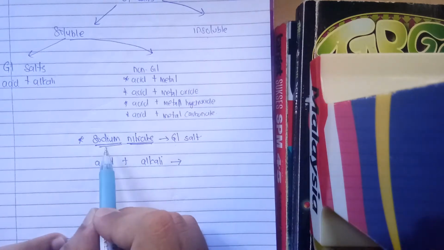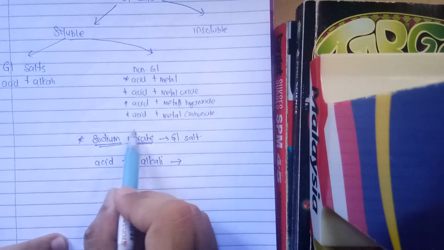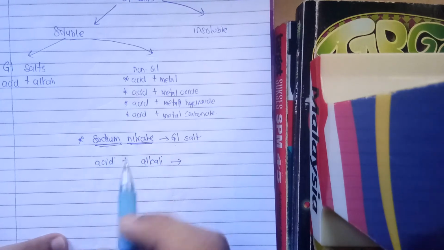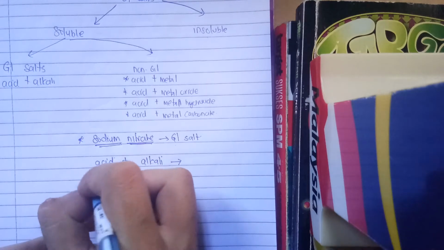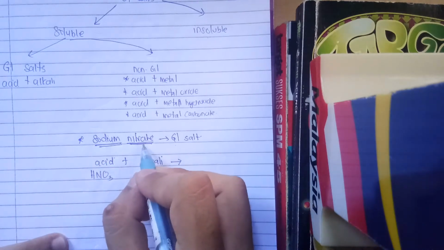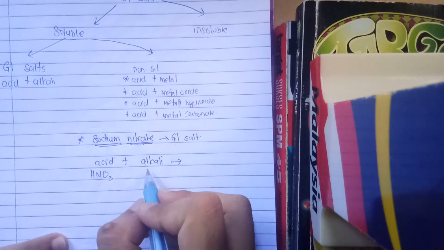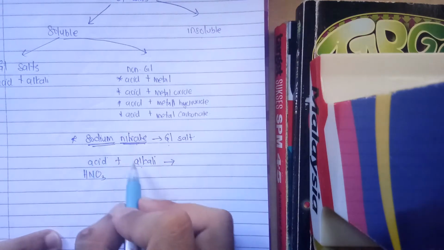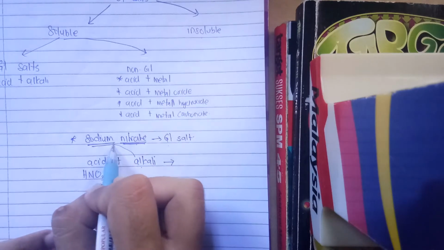You check from the name: you want a nitrate salt, so ask yourself which acid you should use. Of course, nitric acid, because you want to get the nitrate. And what about the alkali? Because you want sodium, this alkali must have sodium.